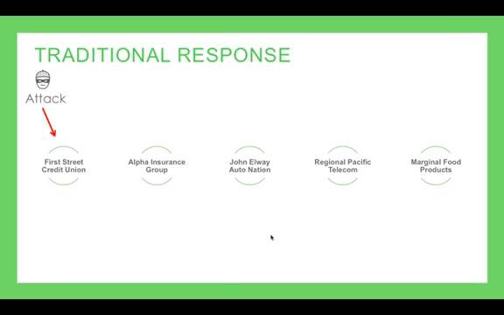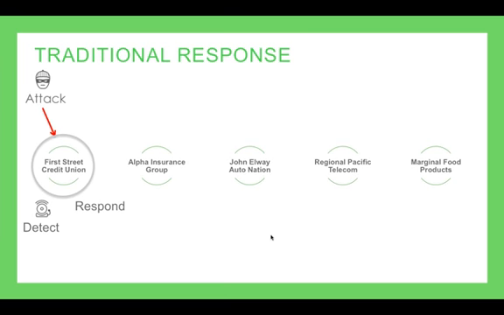In this traditional response type mechanism, First Street Credit Union, I hope there was no company called First Street Credit Union on the phone. This was intended not to be names of real companies. First Street Credit Union gets attacked. Well, what happens when they're attacked is that they detect it in some form or another, and then of course they respond and they put in preventative controls and they put in other controls to be able to prevent that attack from happening again.